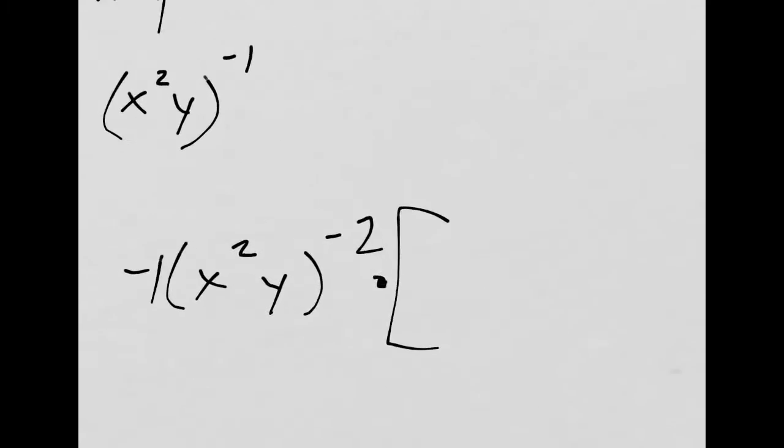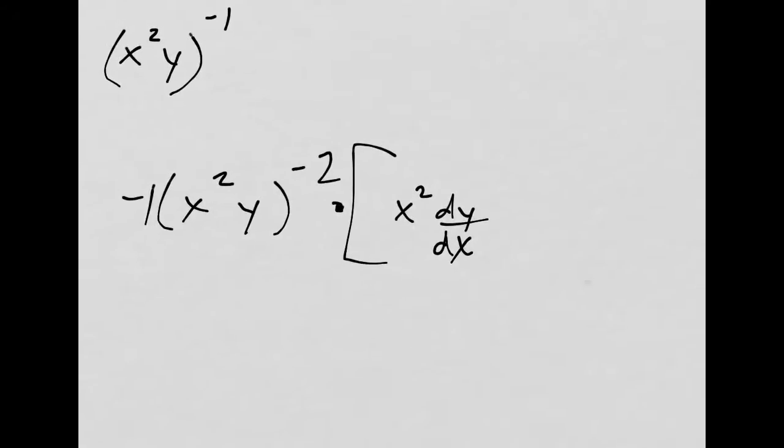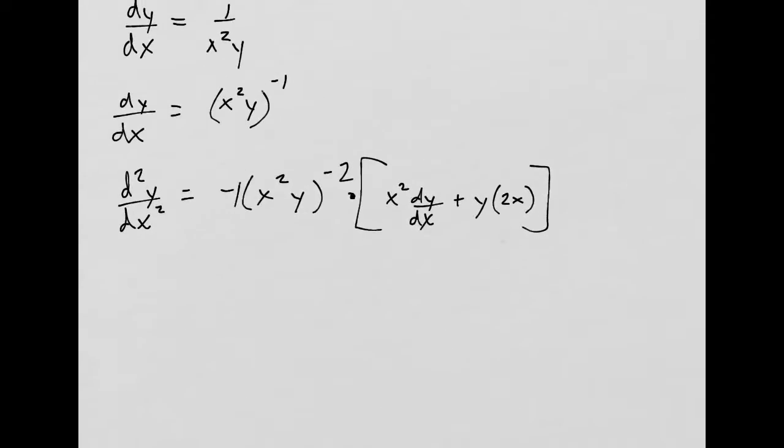That's product rule because I have two things being multiplied. So that's first d second is dy dx, first d second plus second d first. This is the product rule. Okay, that's pretty easy.